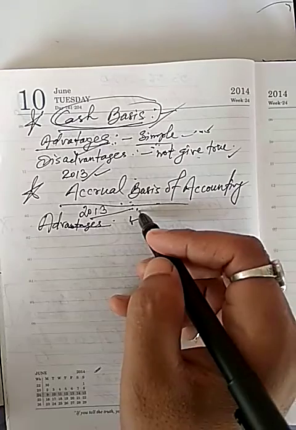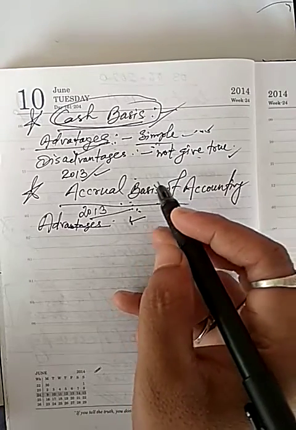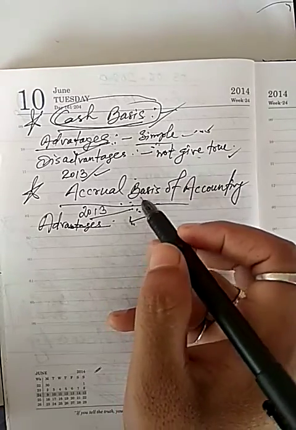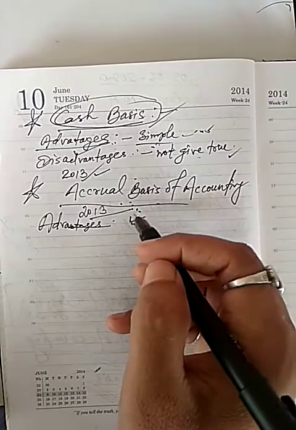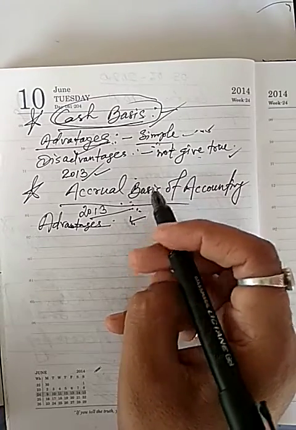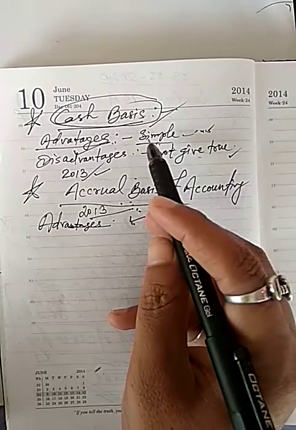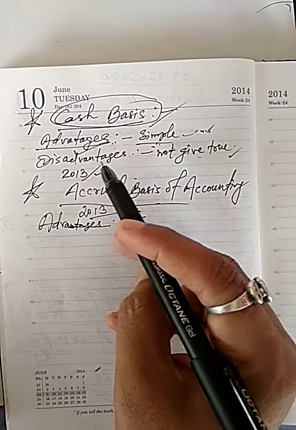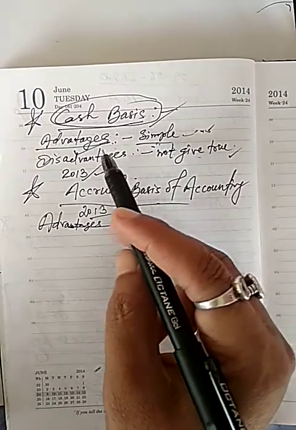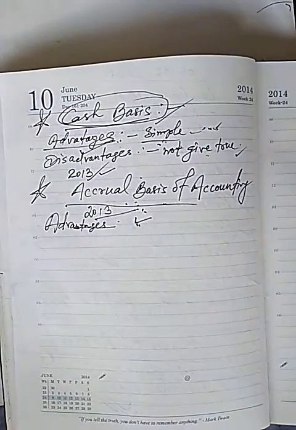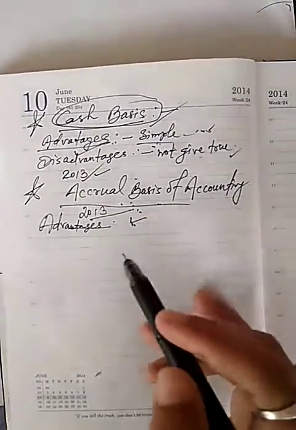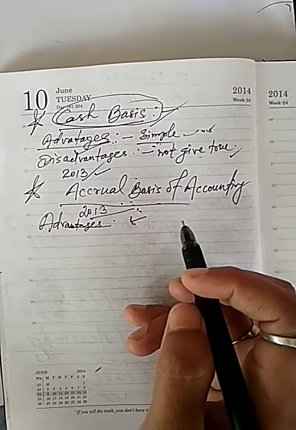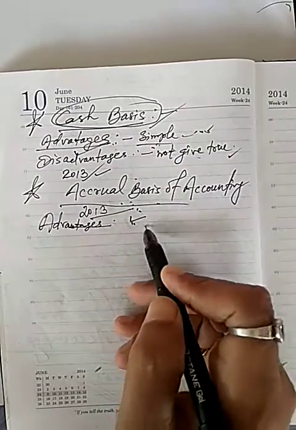It gives a true picture of the financial position of the business at the end of a particular period, because it takes into account all transactions relating to that period and all adjustments like outstanding expenses, prepaid expenses, etc. The second advantage is that it follows the matching principle of accounting.